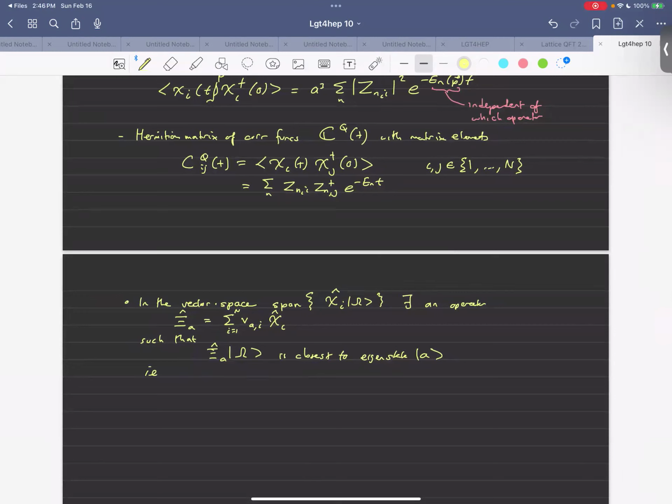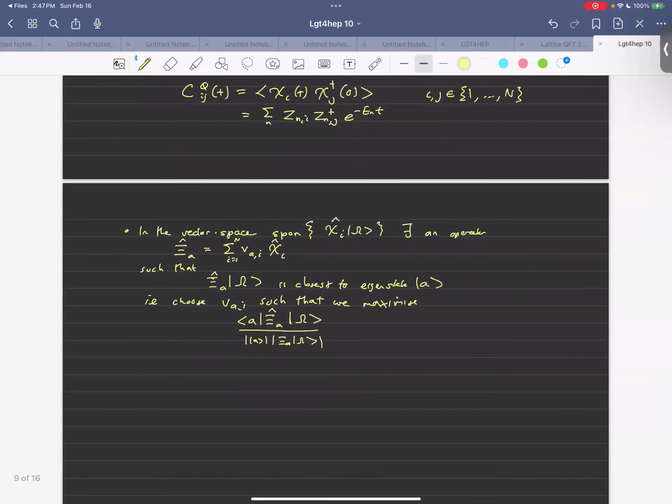And so we want to choose the v_AI such that we maximize the following quantity.